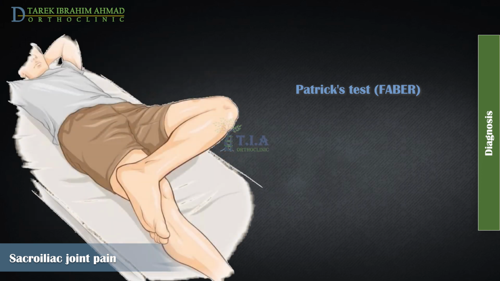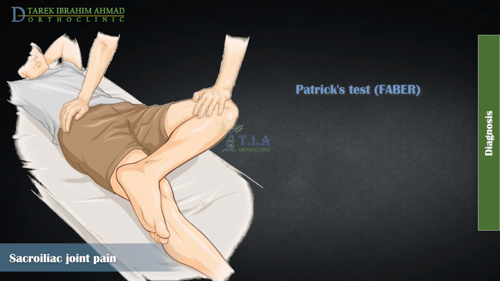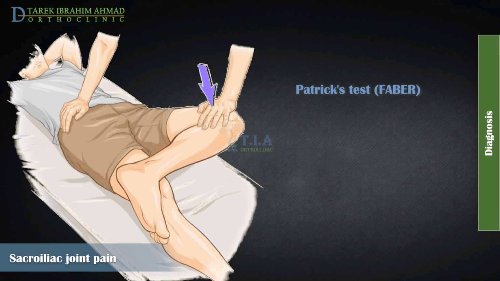The patient lies supine on the exam table. Flex and externally rotate the hip and knee of one leg to rest the lateral malleolus just proximal to the contralateral patella. Pain in the sacroiliac joint region is considered positive for sacroiliac joint dysfunction. Pain in the hip or groin suggests hip pathology.